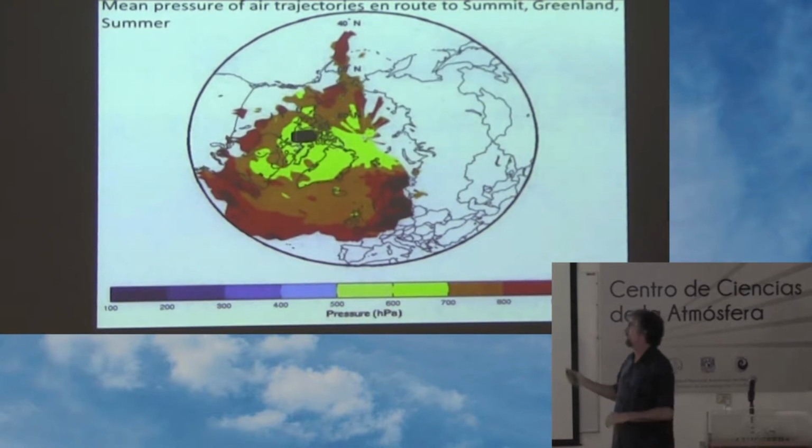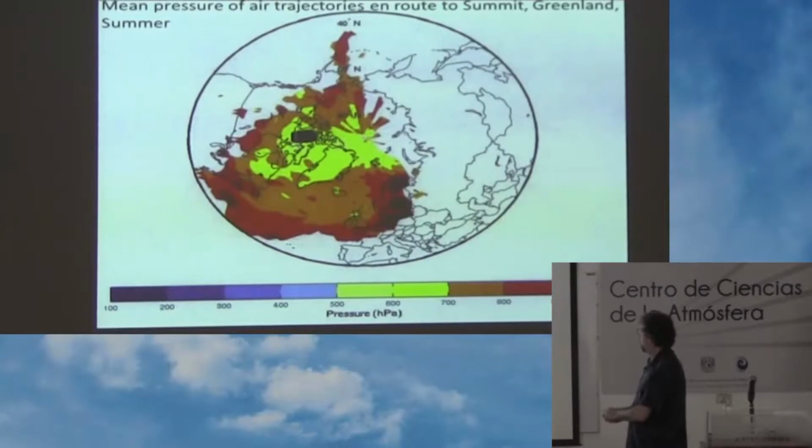So what this shows is the average altitude, actually pressure, that the trajectory takes when it passes through every region. Here, for example, Eastern North America, you remember that was one of the preferential regions to deliver air to Greenland when it snows. The colors here are red and orange.